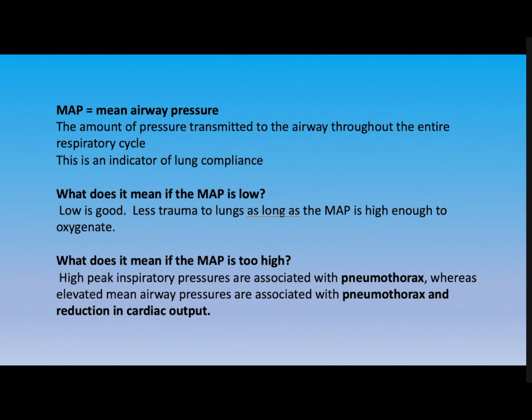So just like if we use too much pressure, we can make a pneumothorax. If we use too much pressure and I-time and respiratory rate and PEEP, we can not only cause a pneumothorax, but we can actually reduce cardiac output because we increase the whole pressure in the thorax, and it can actually squeeze the heart, and the heart can't pump as well.